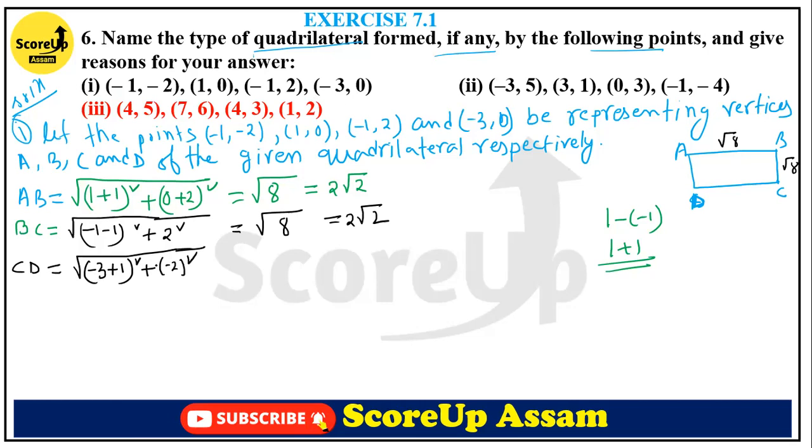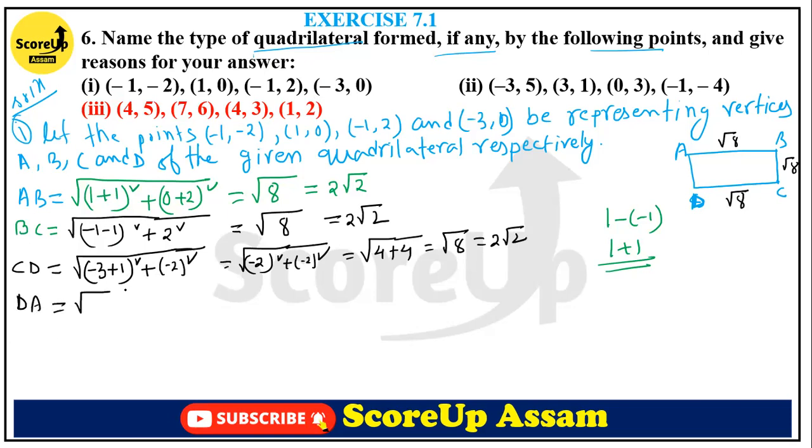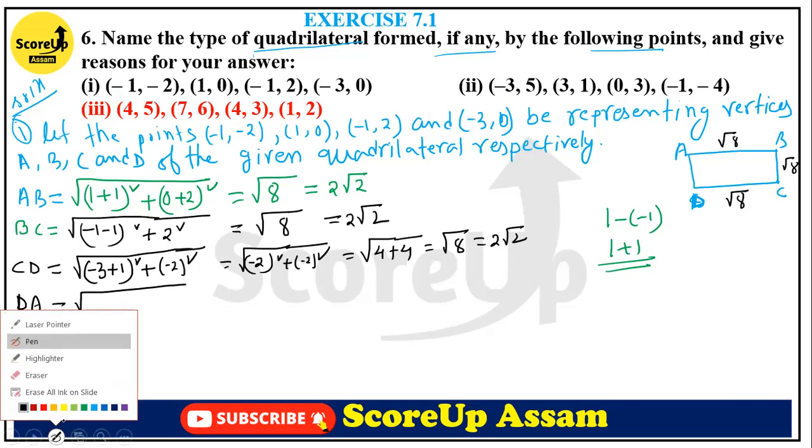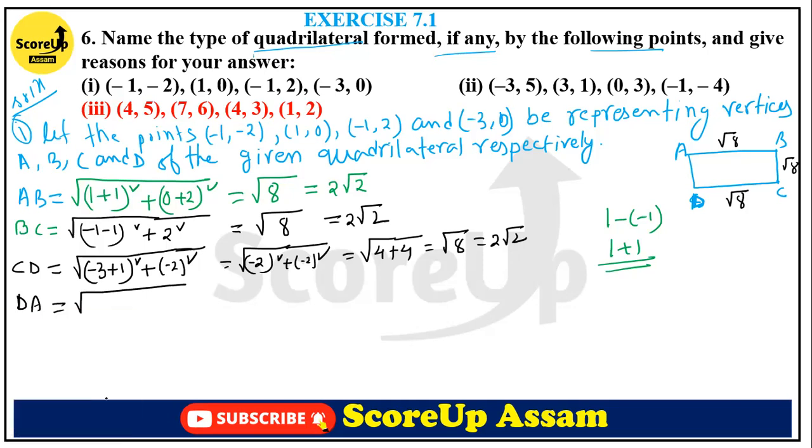So minus 3 plus 1 means minus 2, whole square plus minus 2 whole square. So it will be ultimately root over 4 plus root over 4, right? That means root over 8, that means 2 root over 2. That means CD is also 2 root over 2, ultimately root over 8, right? Now let's check DA. Okay, let's check the length of DA.